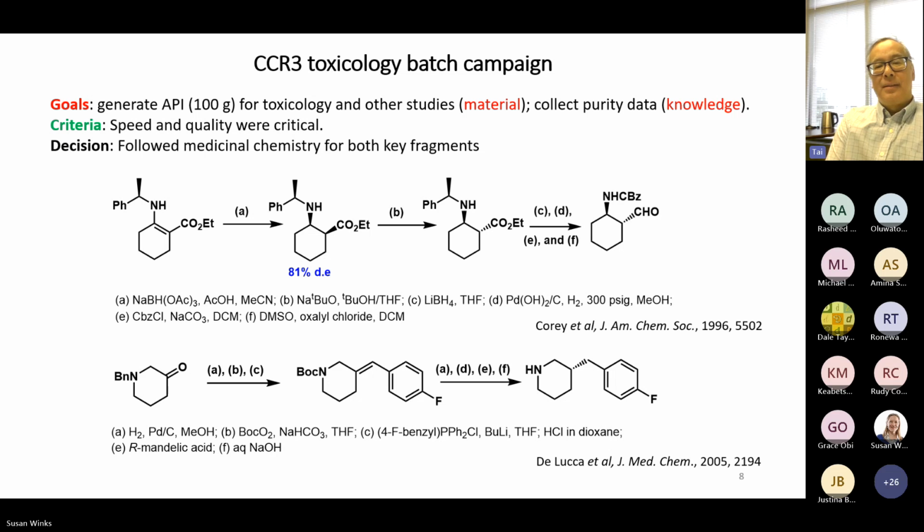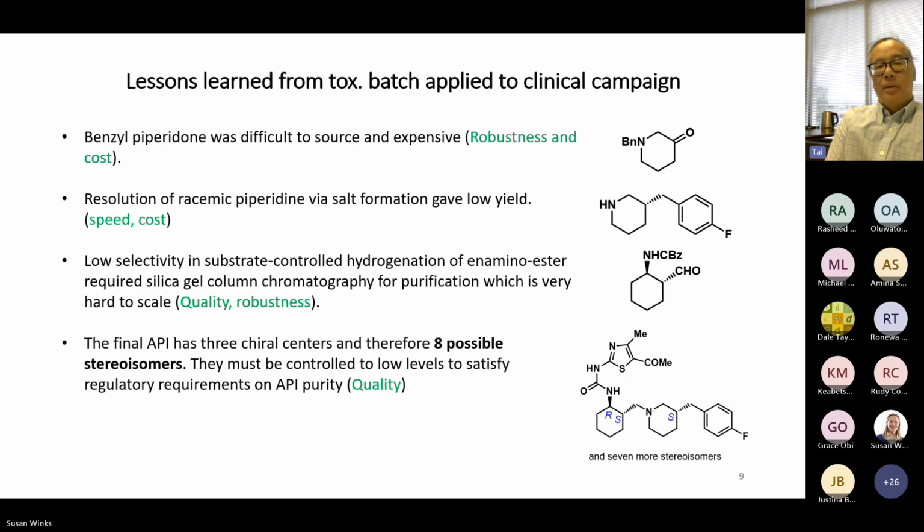Next slide, please. We learned a lot from this toxicology batch campaign, which lasted a few months. We found out the benzylpiperidone is very difficult to source and very expensive. So further down the line, this may give us a problem in supply. The second point is the racemic piperidine.